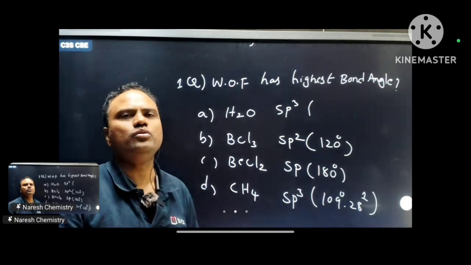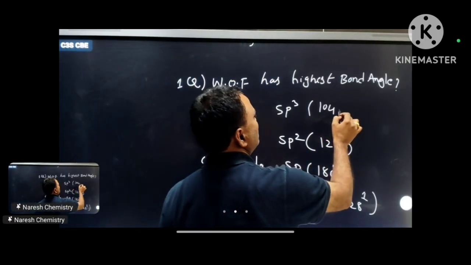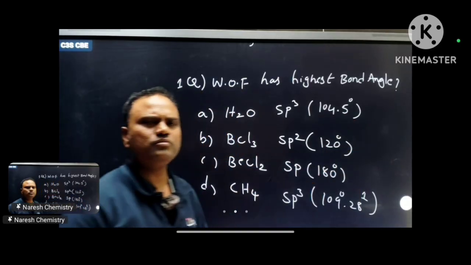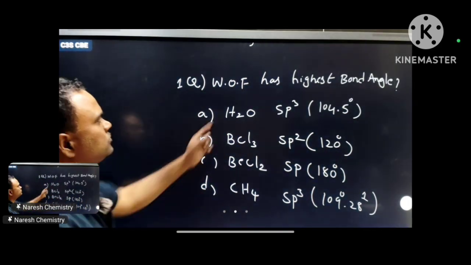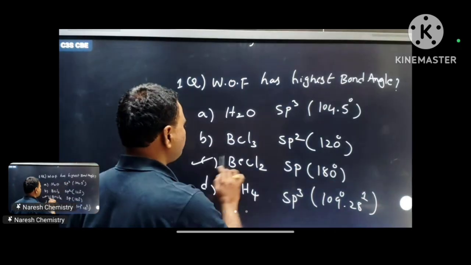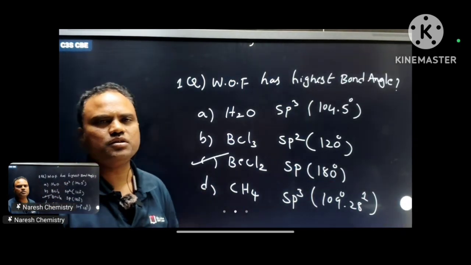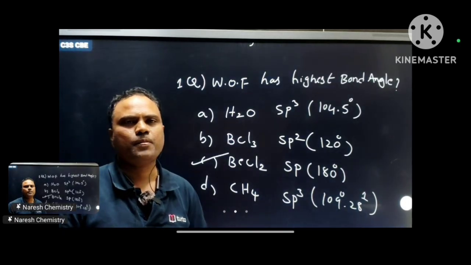You have to remember this data: 104.5, or simply 104 or 105. Now, which is the greatest value? The highest bond angle is for BeCl2. This is a very simple question. Based on hybridization data, we can guess the bond angle.